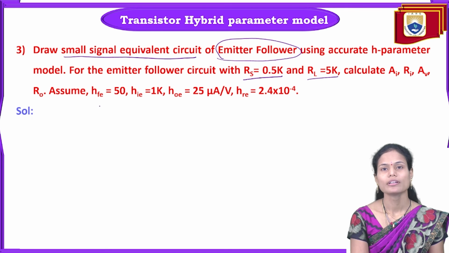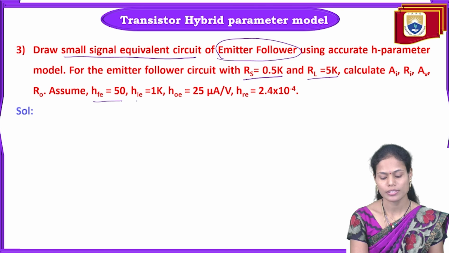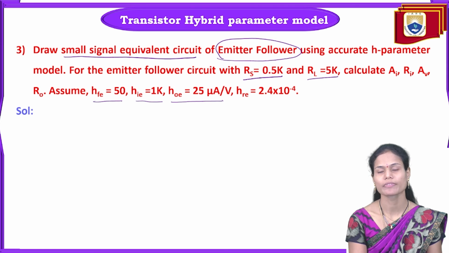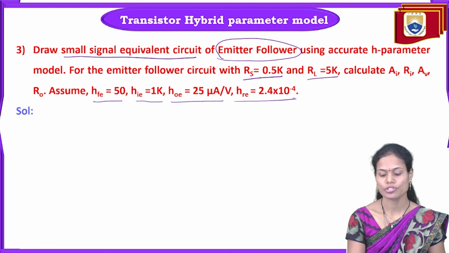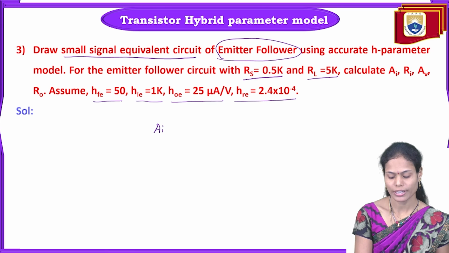Assume the H parameter values: forward current gain 50, input impedance 1 kilo ohm, output admittance 25 microamps per volt, and reverse voltage gain 2.4 into 10 power minus 4. So we need to find the current gain, input impedance, output impedance as well as voltage gain here.